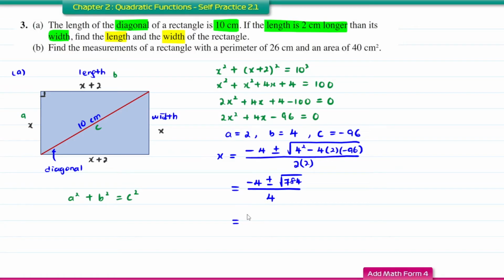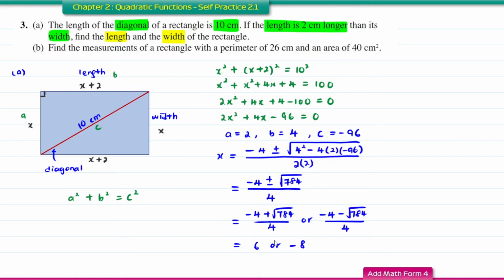So the value of x, one of them is going to be negative 4 plus square root 784 over 4, or the other one is going to be negative 4 minus square root 784 over 4. Solve this using your calculator, it will give you the answer 6 or negative 8.